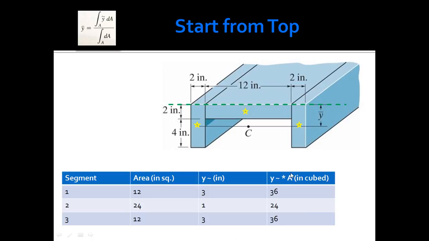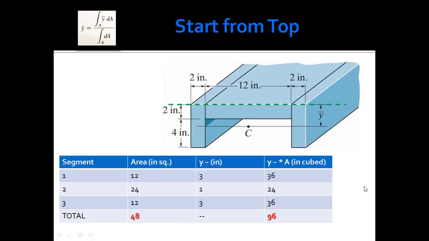The next thing we do is calculate y squiggle times the area. So we just do 12 times 3, 24 times 1, 12 times 3. So you get this output here. And in the end, we get the totals. You add the areas straight down and add the y squiggle times A straight down, because our y bar is the ratio of the sums over the elements.